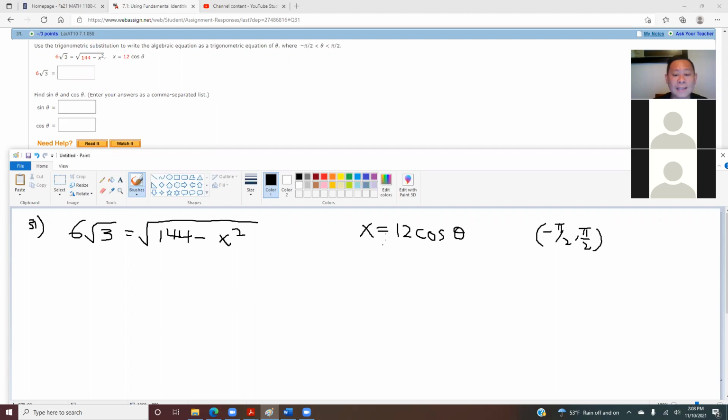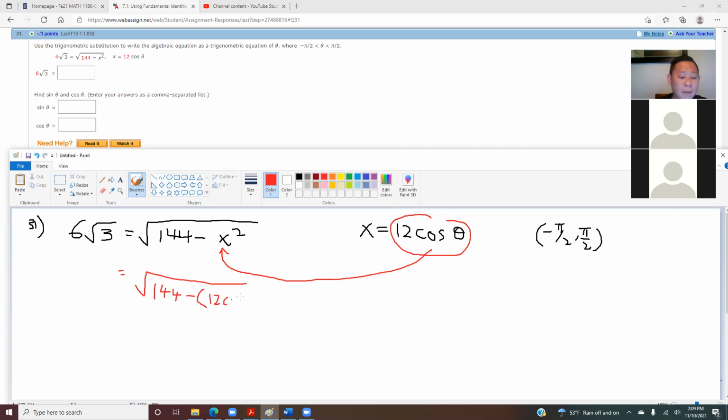So we know that x in this case is 12 cosine theta. You want to substitute this in for x. So plug this in here. What we have is the square root of 144 minus 12 cosine theta, the whole thing squared.